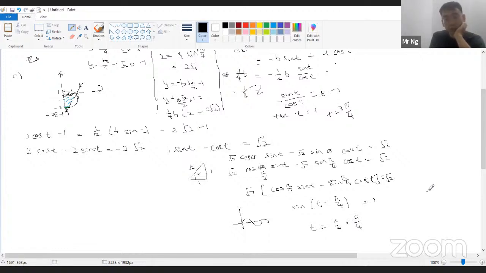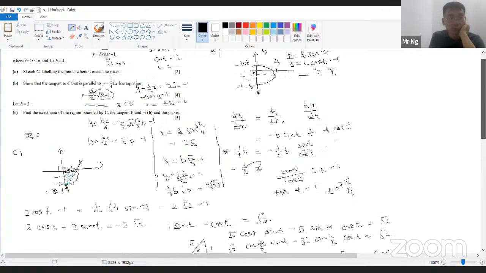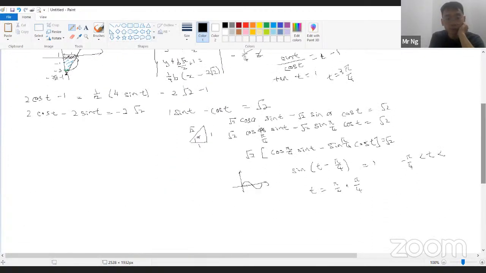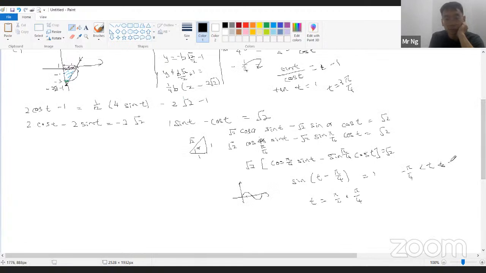ASTC, this is between minus pi over 4 to 3 pi over 4.